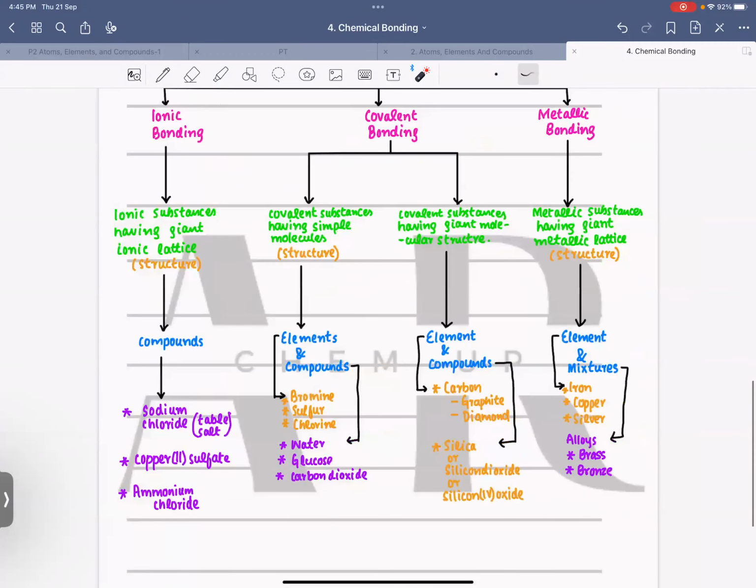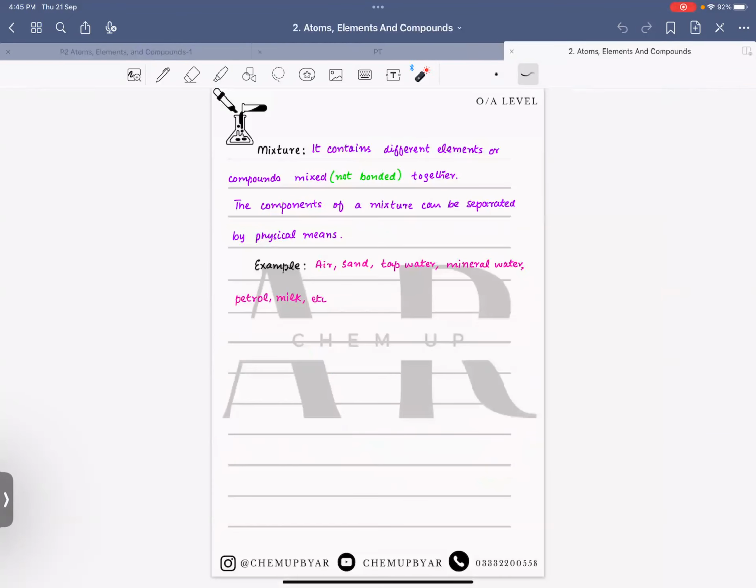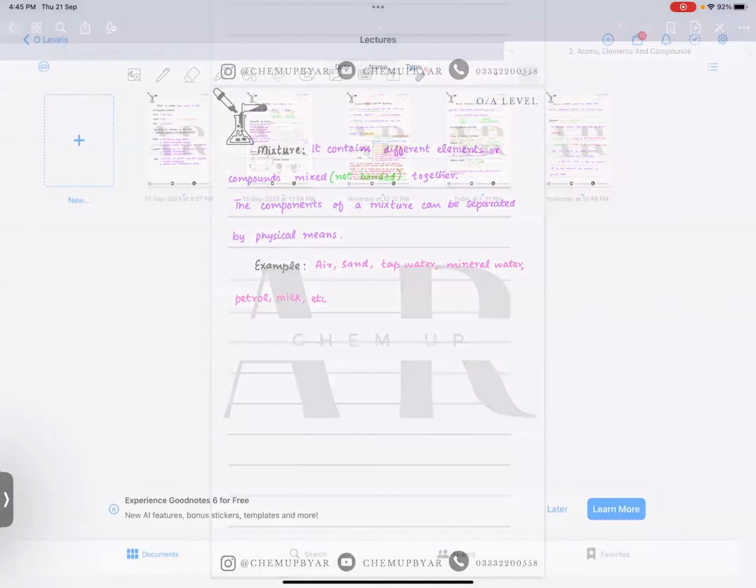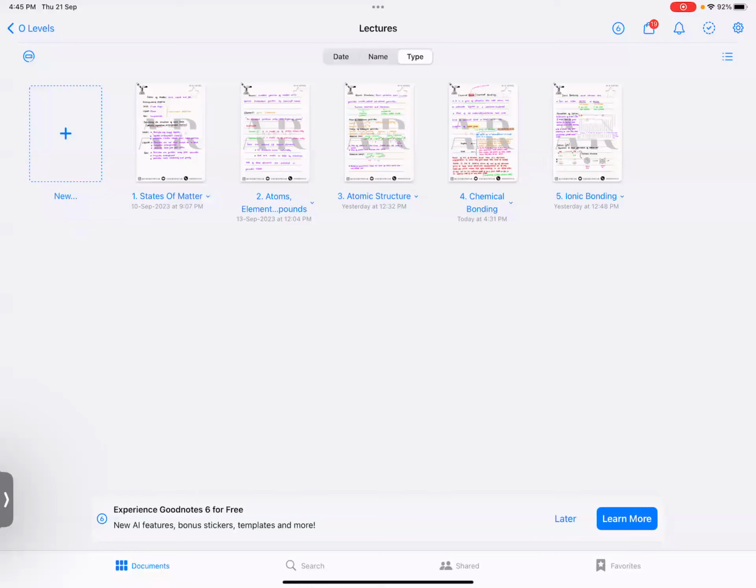Any other question? No. Okay, so that is the introduction of bonding. After this introduction, we are going to start ionic bonding.